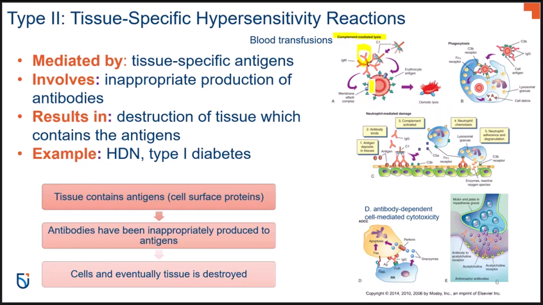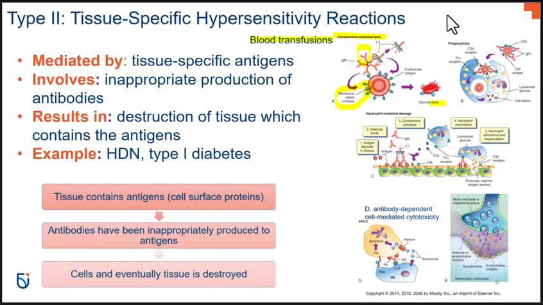What ends up happening at the end of the complement cascade is that a membrane attack complex is formed, which punches holes in the red blood cell, causing water to infiltrate the red blood cell, causing it to be sheared. That can happen in certain cases of blood transfusions, and we'll look at a similar example on an upcoming slide.